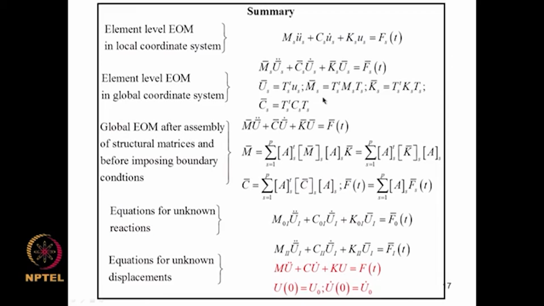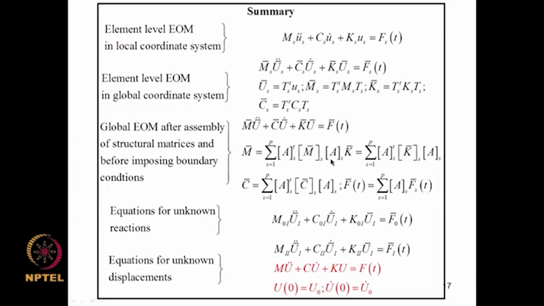Then to construct the structure matrix for the entire structure, these matrices need to be assembled. Basically, energies in different subdomains add, and that forms the basis of forming the global equation of motion. At this stage we have not yet partitioned the equation into unknown displacements and unknown reactions, and we have not yet imposed the boundary conditions.